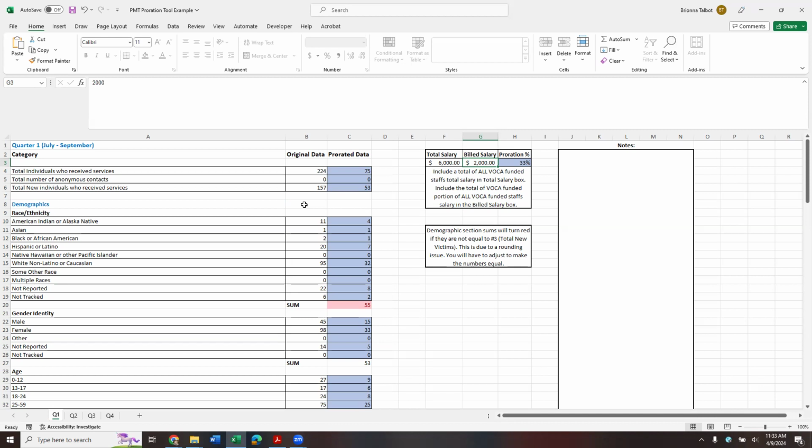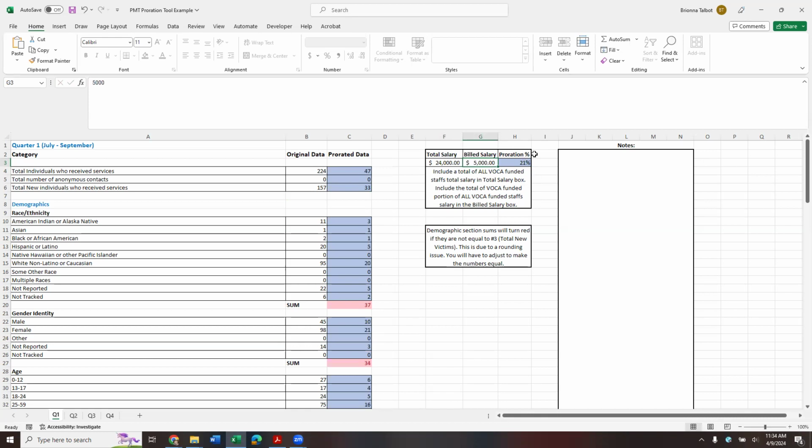But all 3 of them put information into your system, and so all of their information is contributing to this column B. What you're going to do is combine Jim, Pam, and Dwight's salary on this F box. So we're going to say it was 24,000 for the quarter was the total salary for those 3, but we still only had Dwight on our grant. And then let's say we billed $5,000 for Dwight.